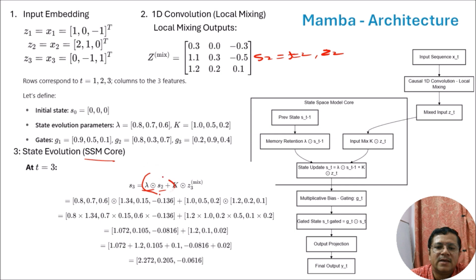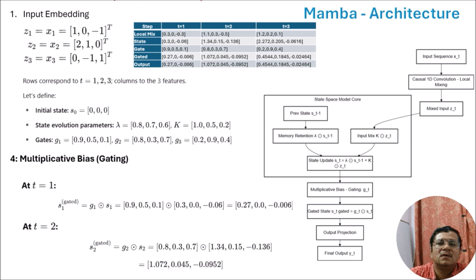Similarly we can multiply k with Z3. Then we are getting this value. Here I have just covered all those values through a simple matrix.